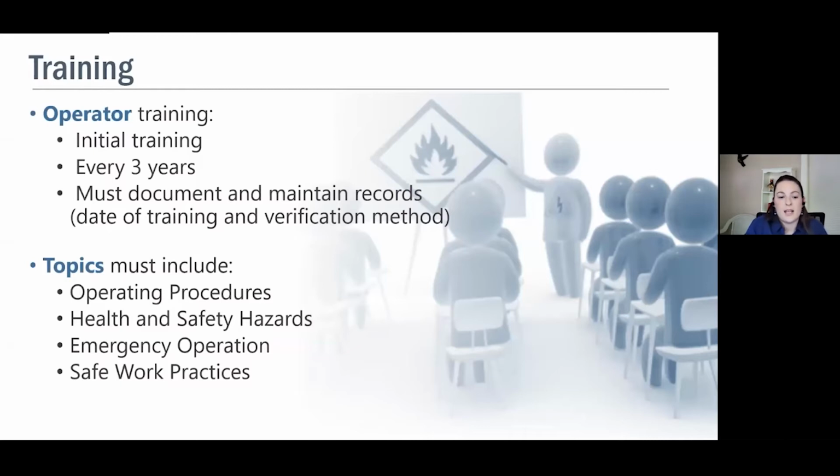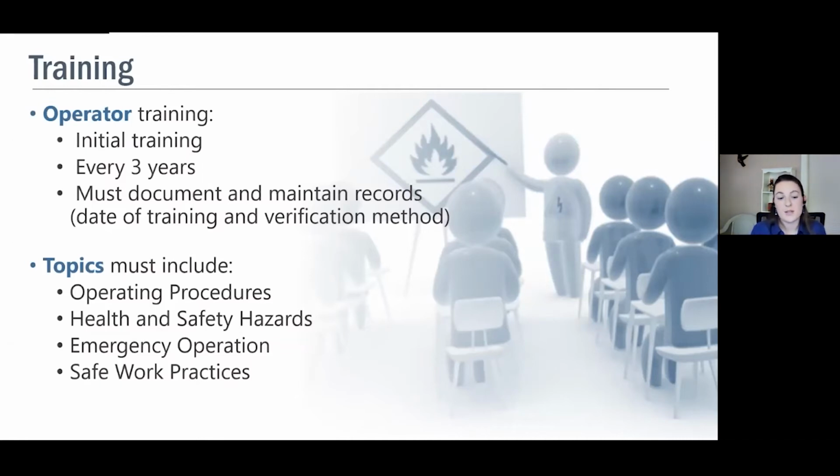Training, like I mentioned before, operator training needs to occur initially and then every 3 years thereafter. And employers must document and maintain records of the date of training, who was trained, and how the employer verified this training. So what I mean by verification is, how did you confirm that they understood? Was there a test? That information should be included in the documentation.